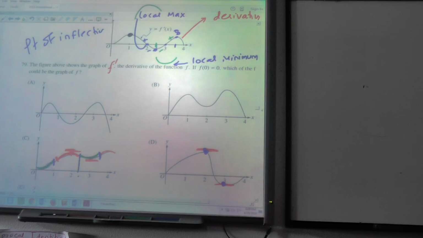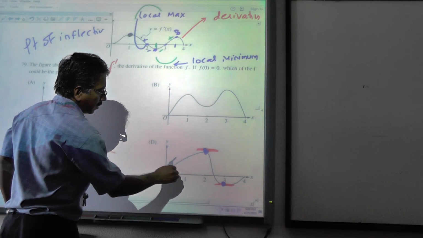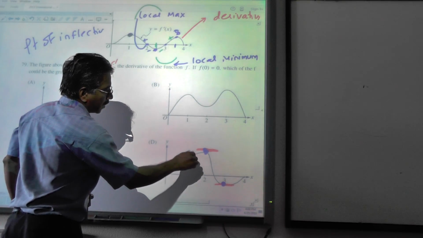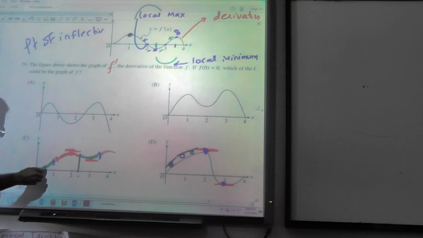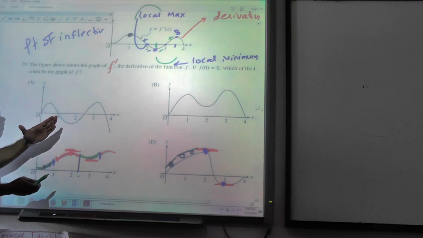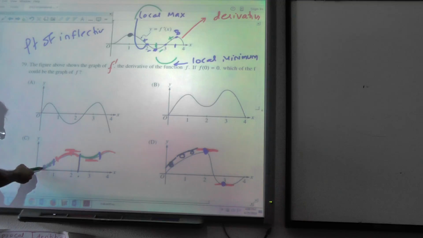And one more thing you can decide is, here, if I draw a tangent, the slopes are decreasing like that. But if I draw tangents here and here, the slopes go on increasing. You can clearly see that these slopes are increasing.